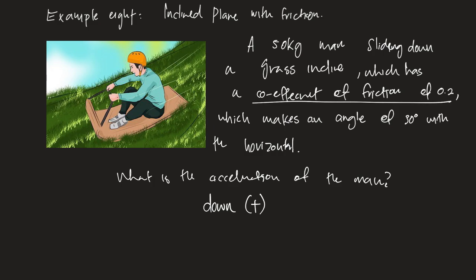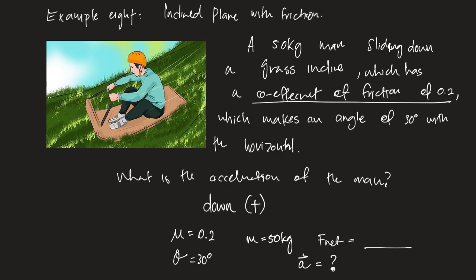So in terms of my information, I know that mu is 0.2, I've got an angle theta of 30 degrees, and I know the mass of my man, which is 50 kilograms. I need F net, essentially, and then I need acceleration. That's the main thing there.